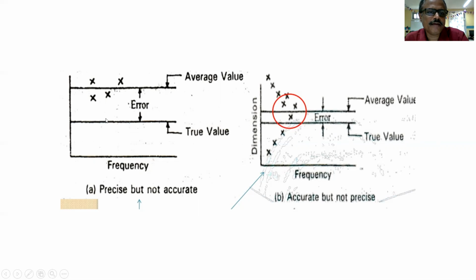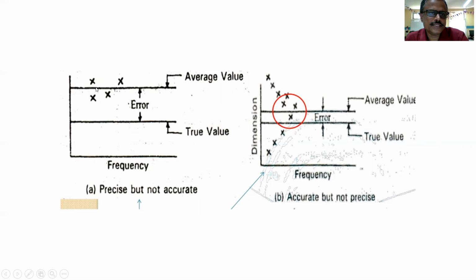In my first diagram, the measurement readings are away from the true value. Therefore, we say that this particular instrument is not accurate. But you see one more phenomenon here.